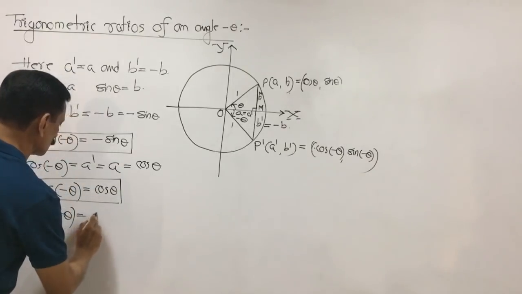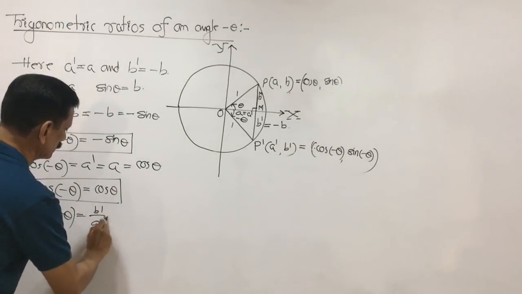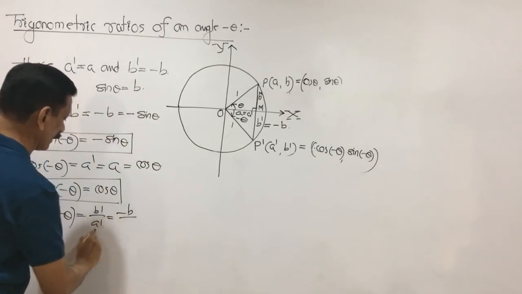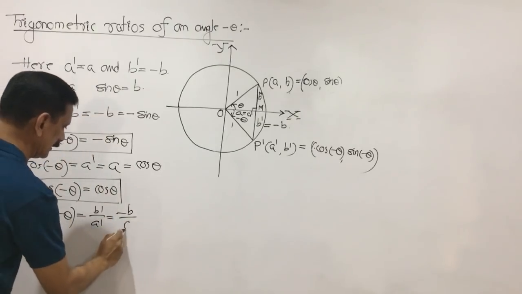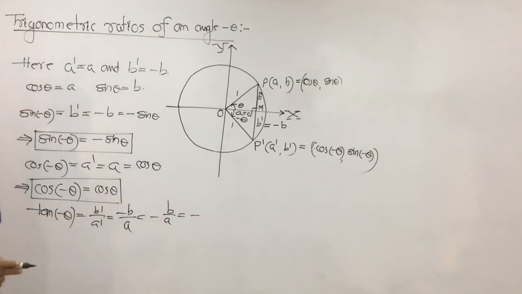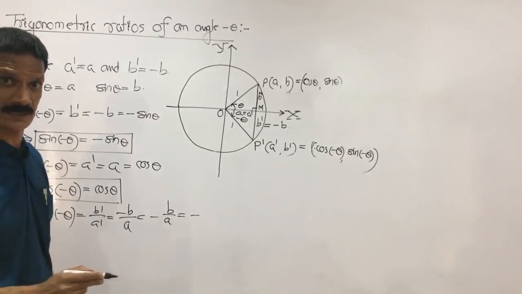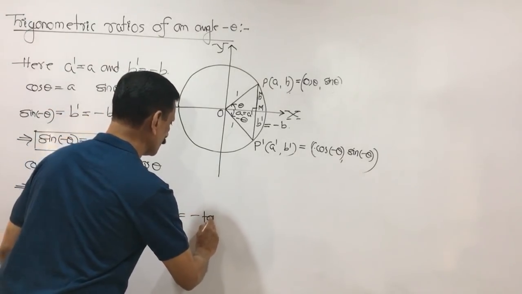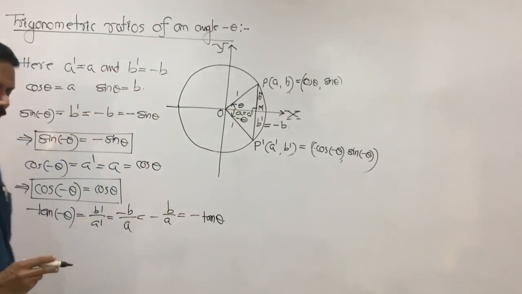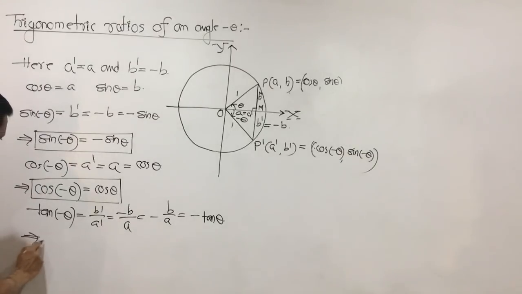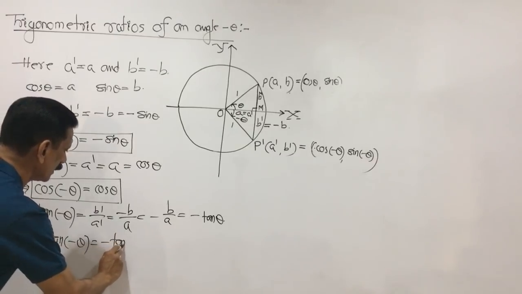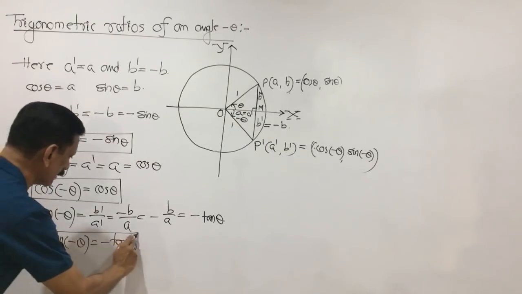I put the value of B dash, which is minus B, and A dash, which is A. So it is minus B by A. This minus sign stays, and B by A, ordinate divided by abscissa, is tan theta. This implies tan of minus theta is minus tan theta. I hope you understand, my dear friends.